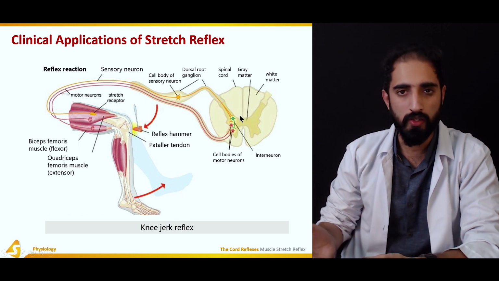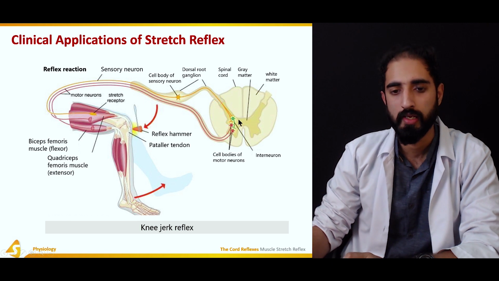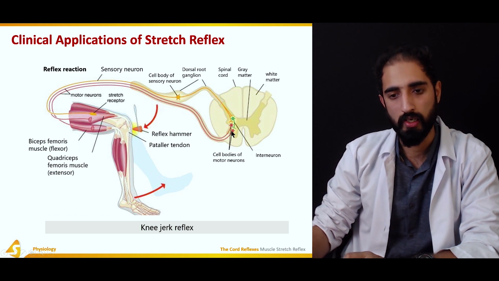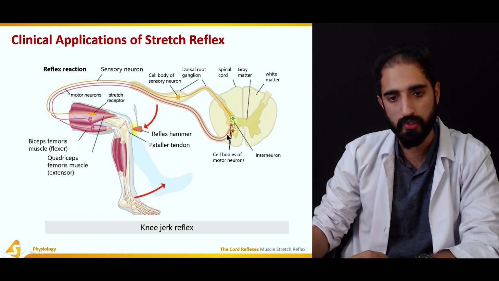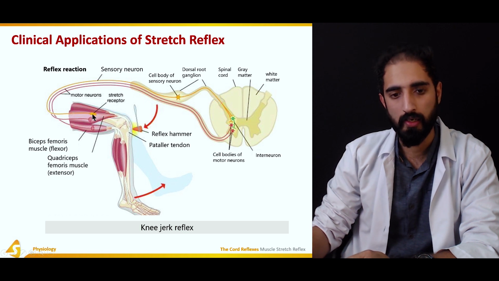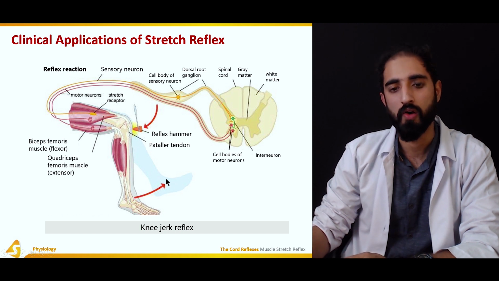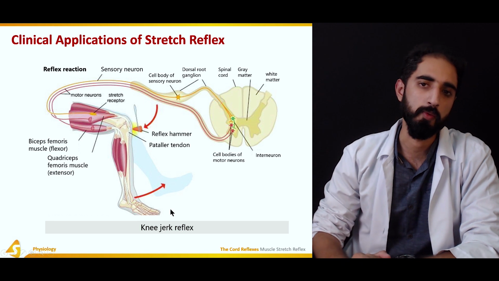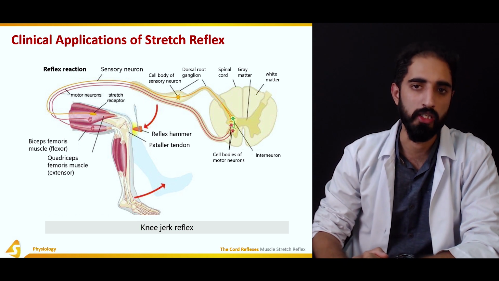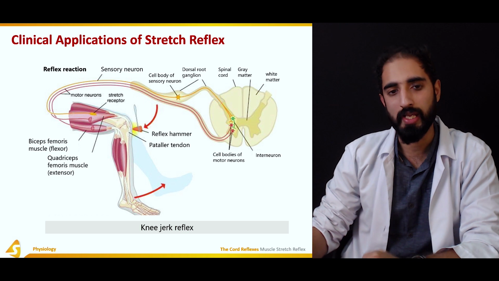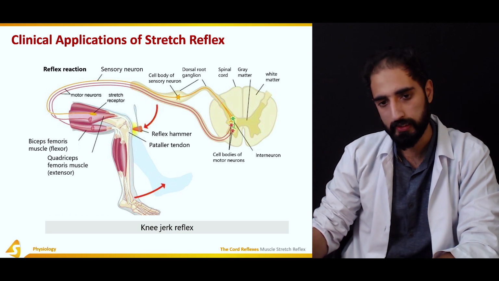Here, via the interneuron or without the help of the interneuron, it activates the alpha motor neuron, and these alpha motor neurons come here and excite the quadriceps, resulting in the contraction of the quadriceps muscle and thus the extension of the knee in this example. So that is one of the clinical applications of stretch reflex.